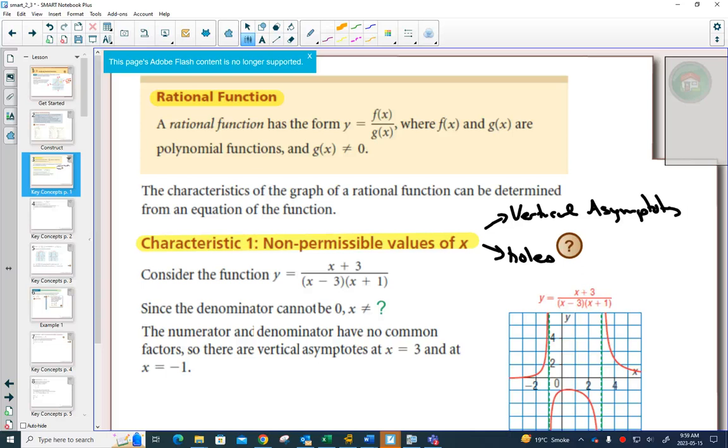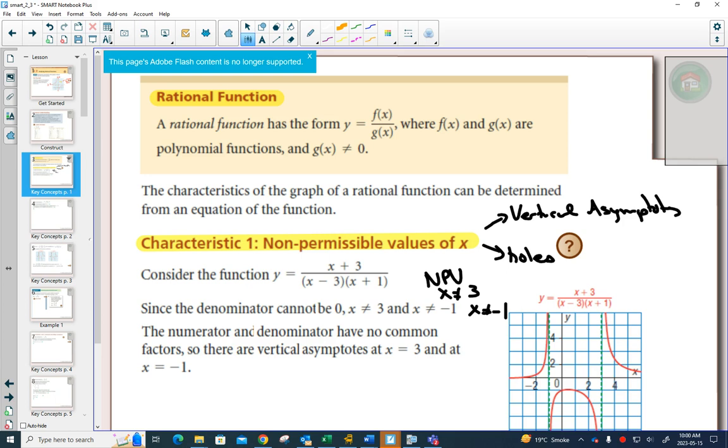So the first thing we're always going to do in a question is factor it completely. This function here has already been factored completely. Once it's been factored completely, we look at the non-permissible values. In this case, x can't equal 3 and x can't equal -1.